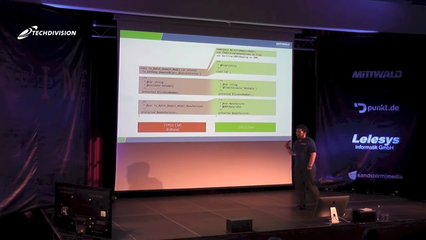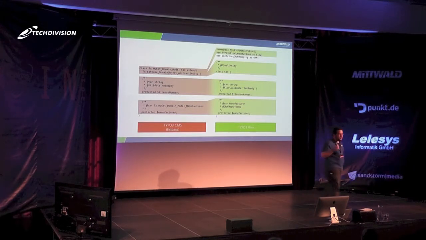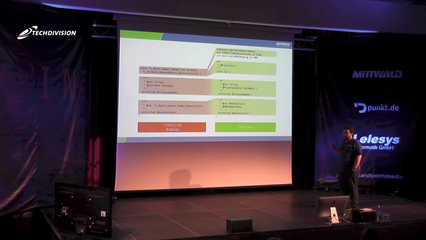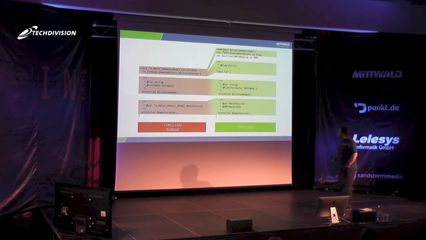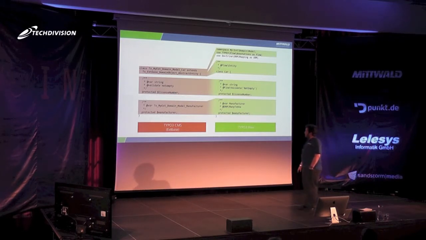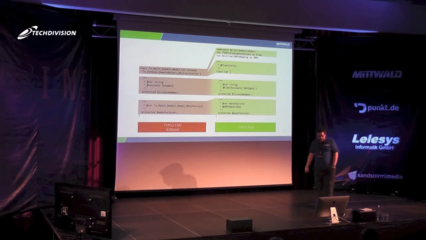In TYPO3 we do this using the table configuration array, which actually configures the backend forms for the TYPO3 backend, but XBase also infers a lot of its ORM configuration from this data. We don't have that in Flow. In Flow, we configure all this using these Doctrine annotations.